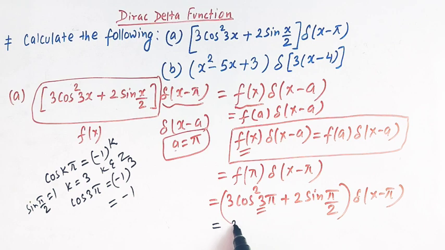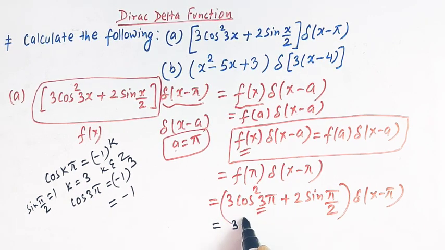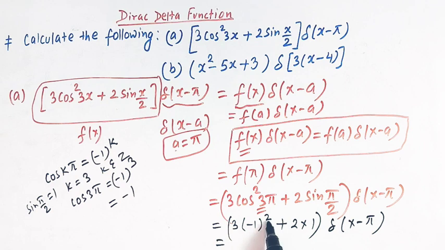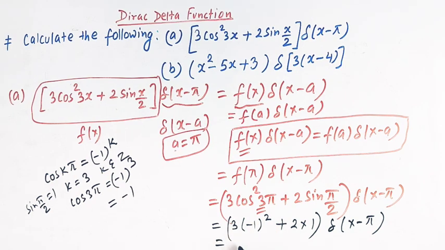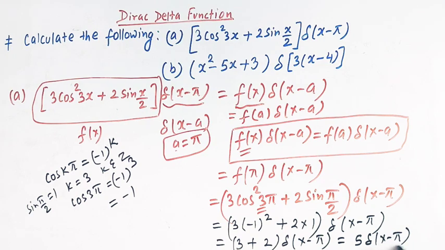We can now substitute the values here. So we have 3 times minus 1 raised to 2, and here we have 2 times 1, and here we have delta of x minus pi. Minus 1 square is 1, so we have 3 plus 2 delta of x minus pi, so this is 5 times delta of x minus pi.